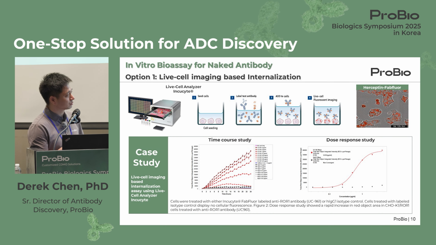So this is a typical dose response curve. In addition to this, this live cell imaging system can also provide a time course based analysis. The x-axis is scaled by hours, and the y-axis is the intensity of internalization. Basically, this analysis can provide the kinetic data of each antibody's internalization on specific cells at a specific time point.